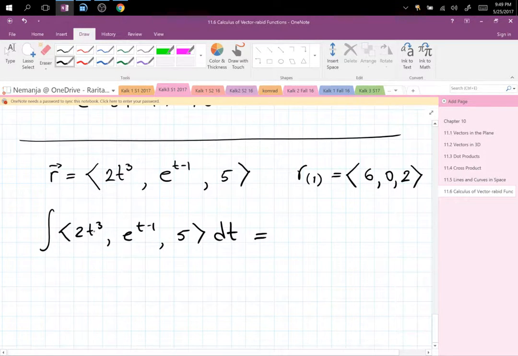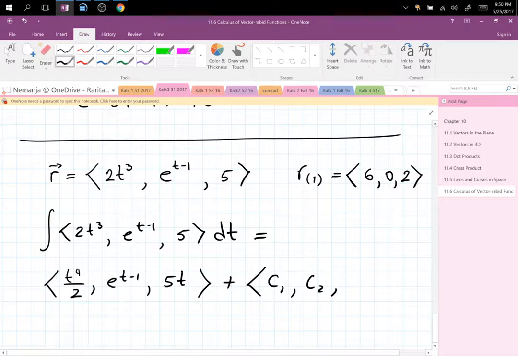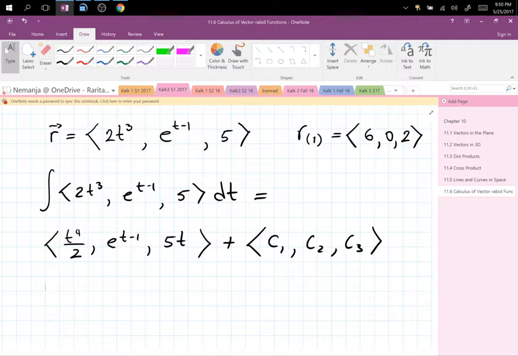you will get t to the 4 over 2, comma, e to the t minus 1, and 5t, plus c1, c2, c3. Or if you added immediately c1, c2, c3 in this parenthesis here, I don't care. Whatever you like. So now, what do I have?